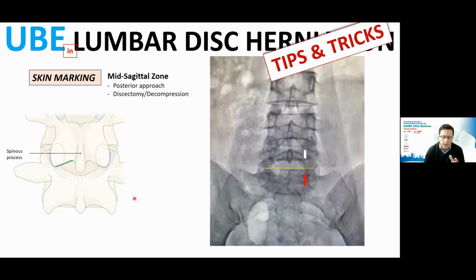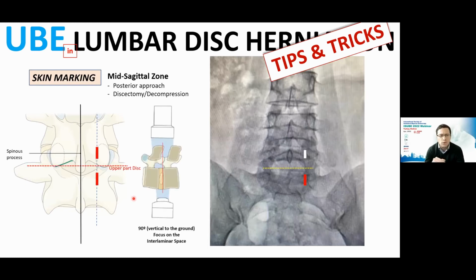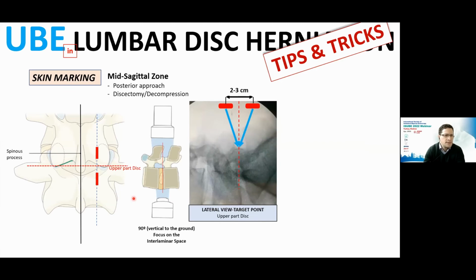We usually draw 3 lines to understand where our incision is. The first is the midline, the second is the mid-pedicular line, and the third line we usually put in the upper part of the disc, but remember that sometimes the patient at L5S1 is too tilted, and sometimes you have to move these incisions.